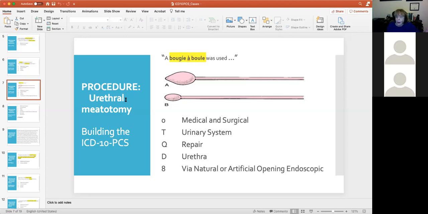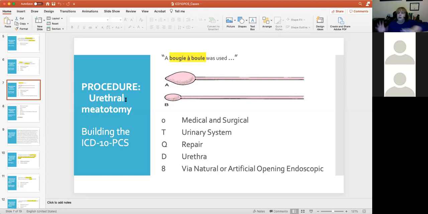I looked it up in the dictionary and it just has bougie in there. The difference is just between the 2 tips. Bougie is the actual instrument and the size and version of the tips vary.